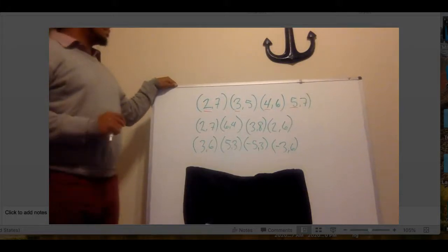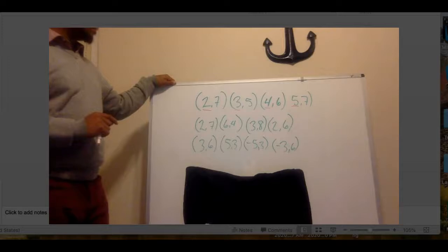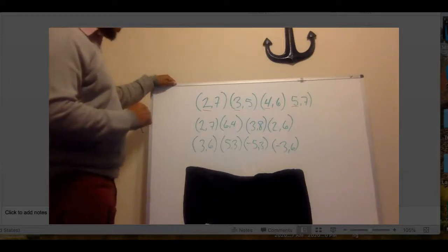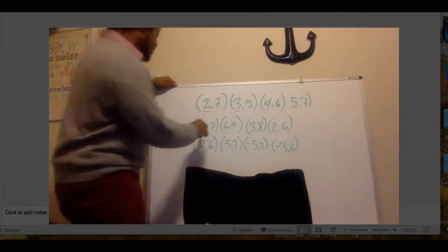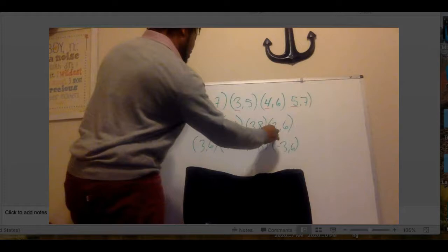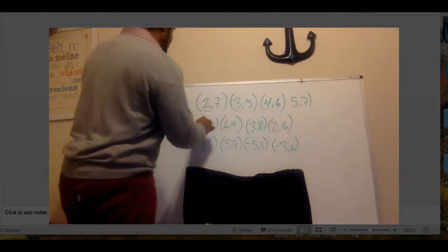Let's take a look at number 2. Is 2 a function? No, 2 is not a function. Why? Well, if you look at it, we have 2, 6, 3, 2. You have 2 2's. The 2 2's make this not a function.